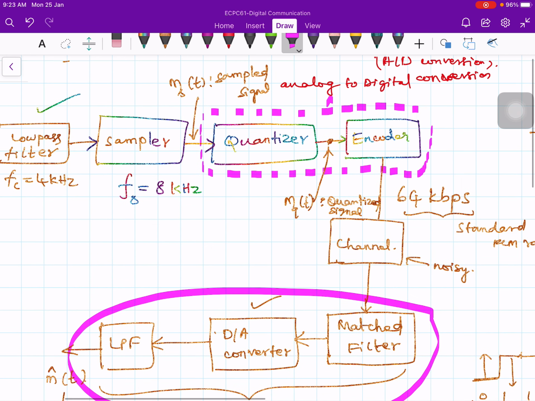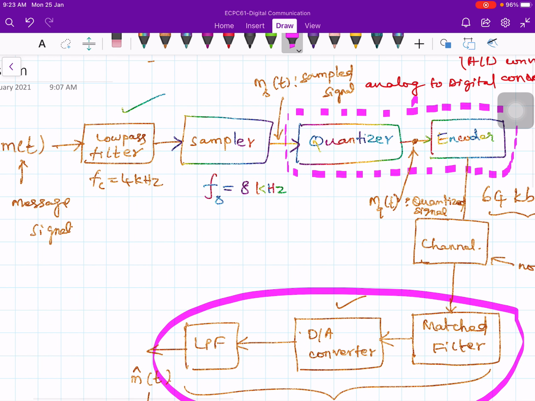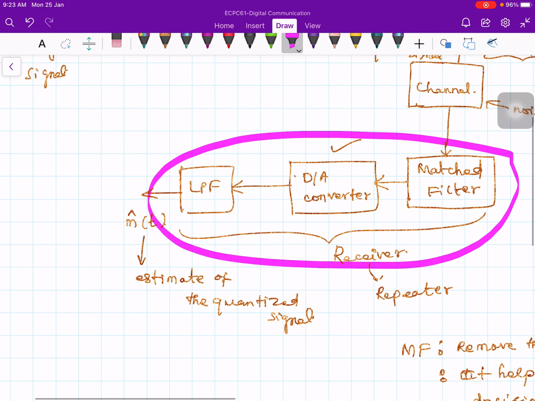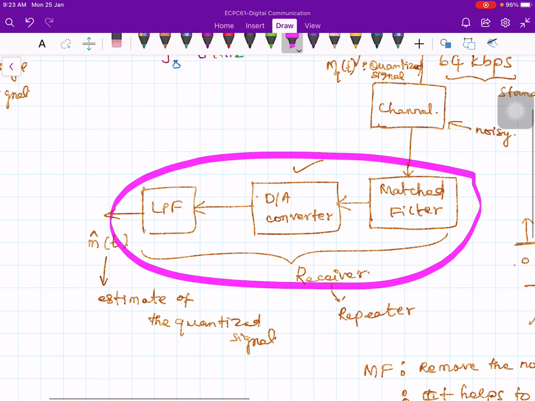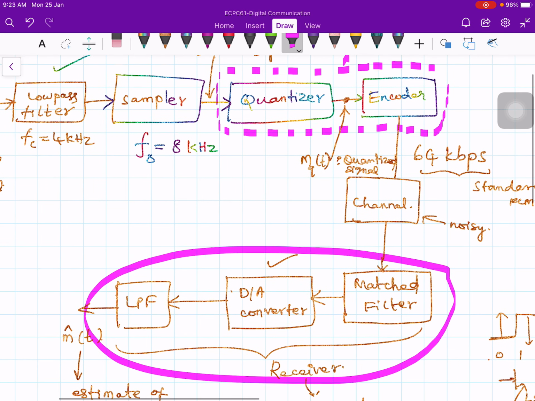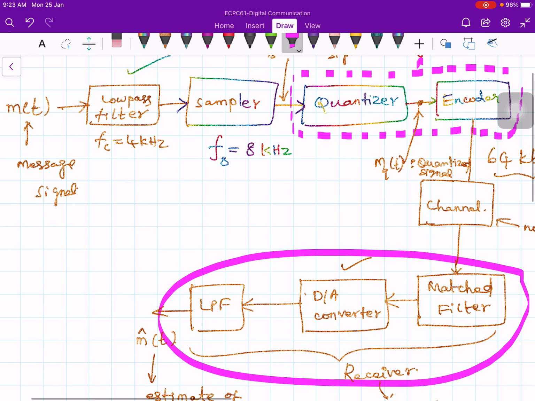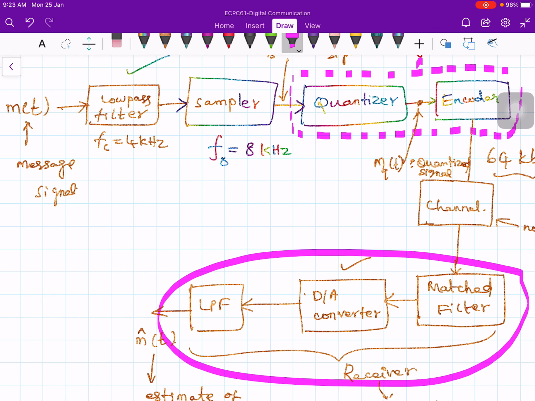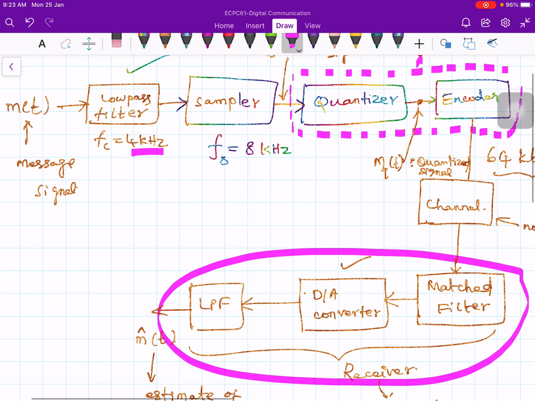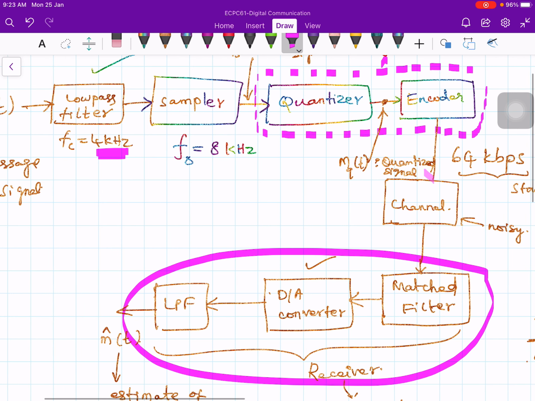Okay, so that's all about the pulse code modulation system. Now let us go into these things a little more in detail. This is the periphery level simple block diagram. The input signal message m of t is given to a low pass filter, so that it limits the frequency component up to 4 kilohertz, and after that it is given to sampler followed by quantizer and encoder. The output of the encoder is given to the channel, and the channel introduces noise.